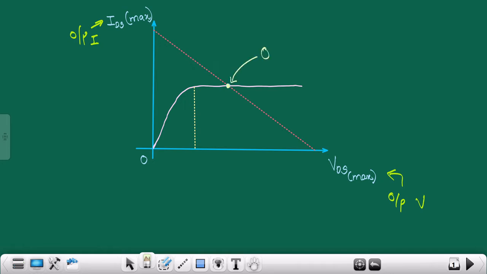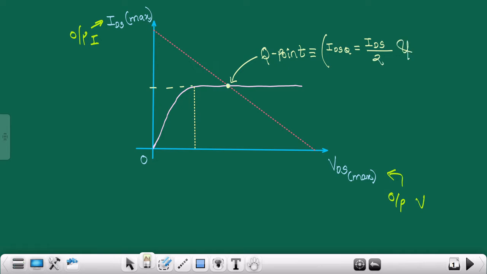This point I'm talking about is known as the Q point. This Q point should be such that your IDSQ, that means this particular current over here, should be half of the maximum output current, right?